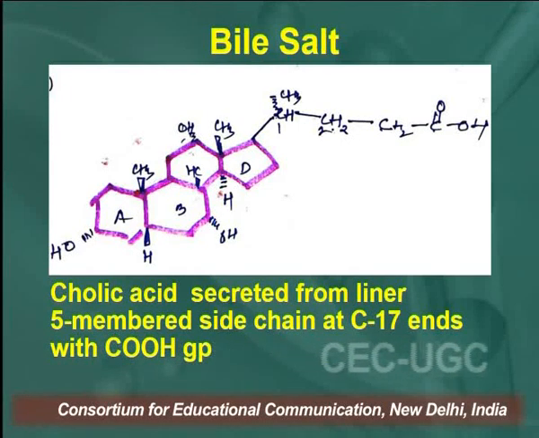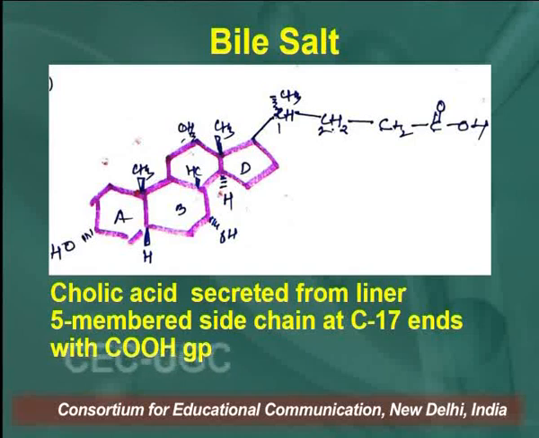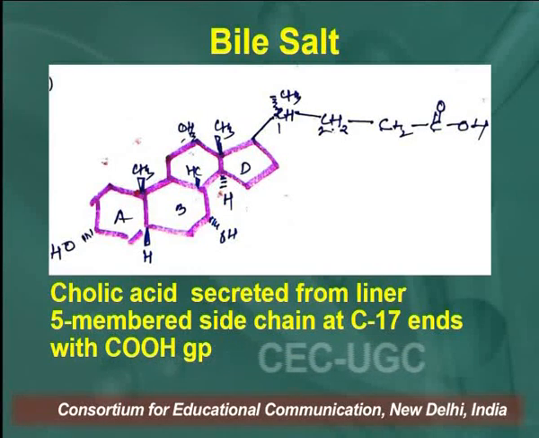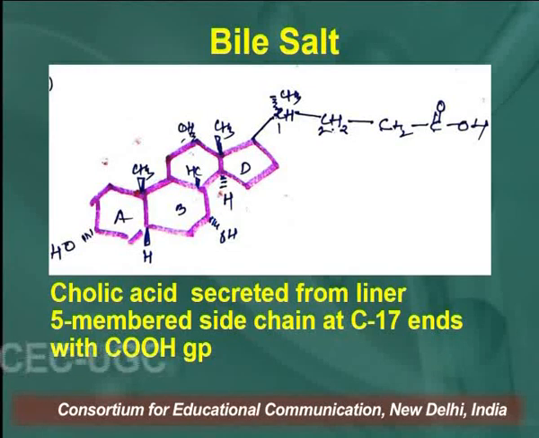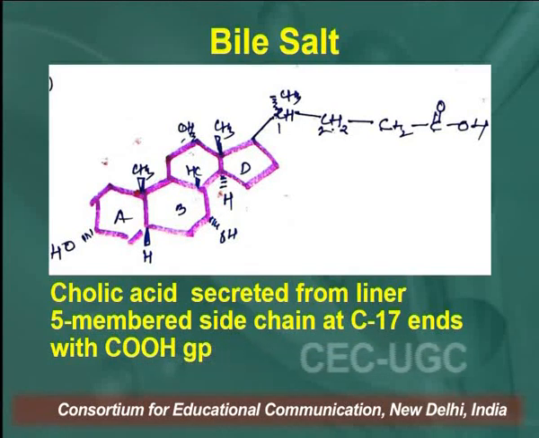So this side chain ends with a COOH group, a carboxyl group. So that is called cholic acid. Learners, this is the bile salt, and as we know, bile salts are a very important part of the human biological system. That is why we call it cholic acid, because it has an acidic group, the COOH group.